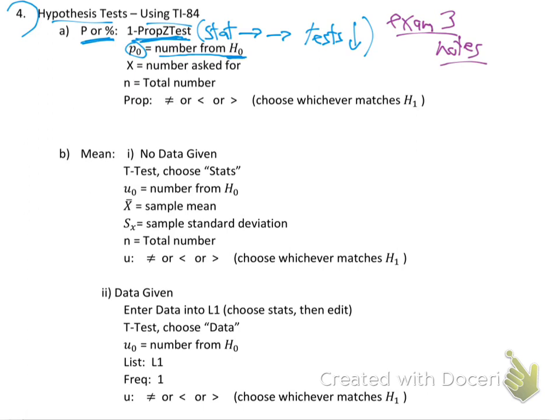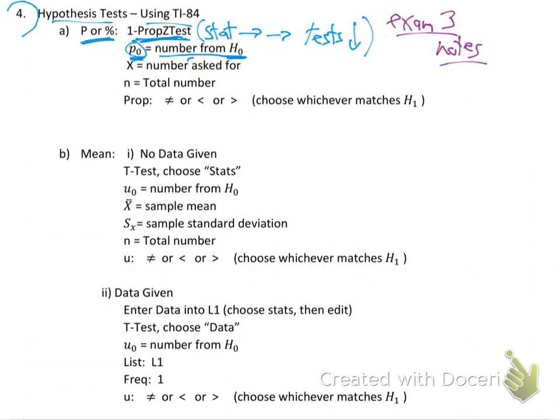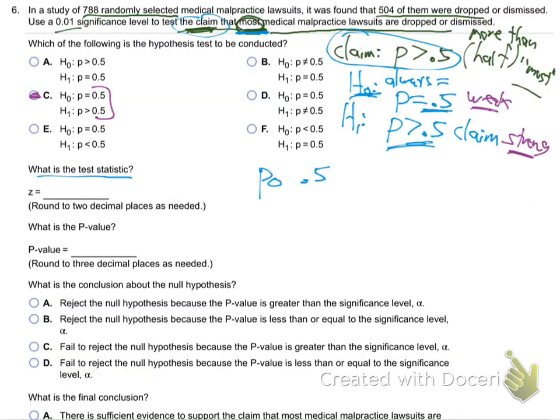That's the signal. Go to the other thing with a sub-0 and grab the number. That's the null amount. What's next to H0? 0.5. So put in p0 as 0.5, and x is the number being asked for.